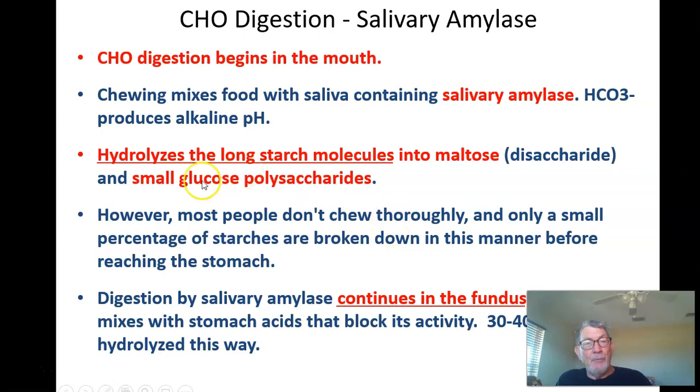But the salivary amylase will continue to work in the fundus, the upper part of the stomach, for a while before it gets inactivated by the stomach acid. So you chew it, mix it with some salivary amylase, and swallow it, and the salivary amylase continues to work for a while and breaks down a decent part of the starches before it moves on farther.